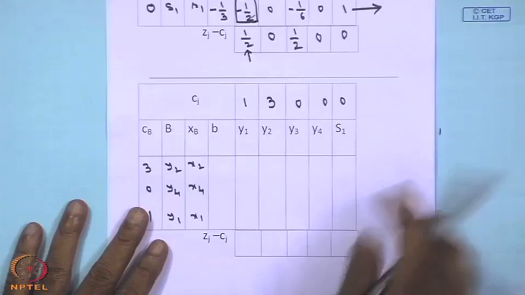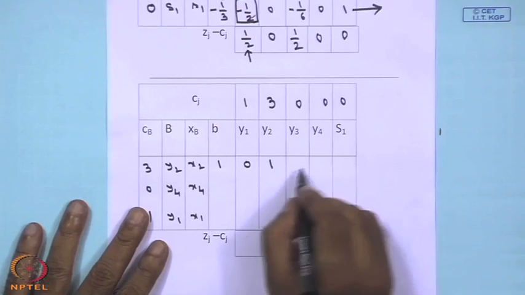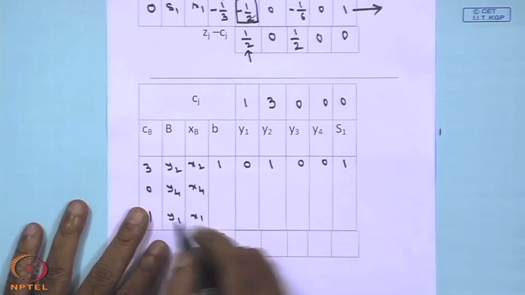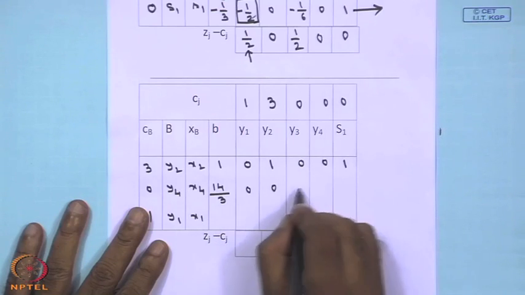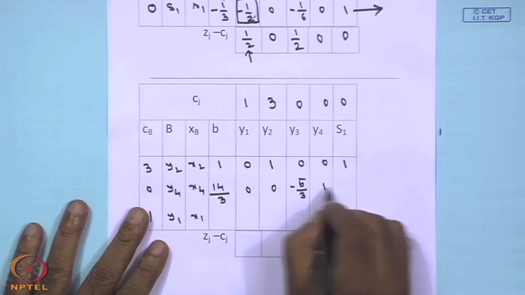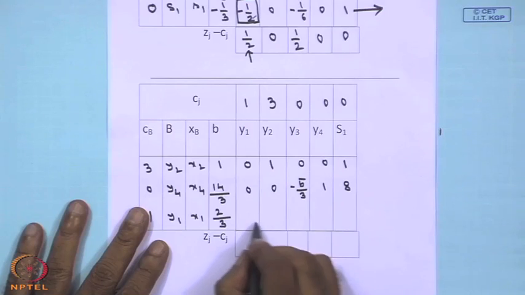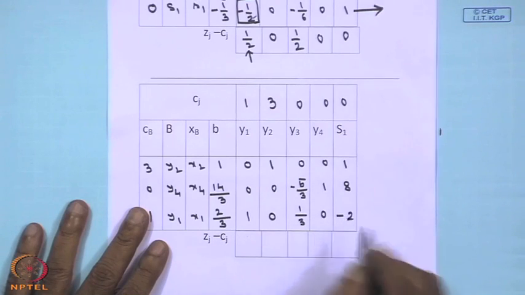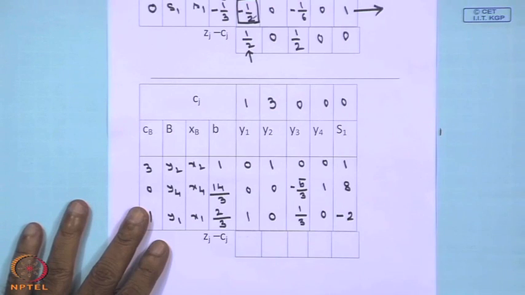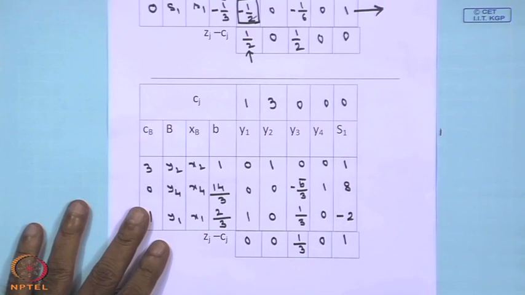Directly I am writing the result, because you know how to do it. 1, 0, 1, 0, 0, 1, 14 by 3, 0, 0, minus 5 by 3, 1 and 8, and then you are having 2 by 3, 1, 0, 1/3, 0 and this is minus 2. So, the Zj minus Cj values, if you calculate: 0, 0, 1/3, this is 0, this is 1.